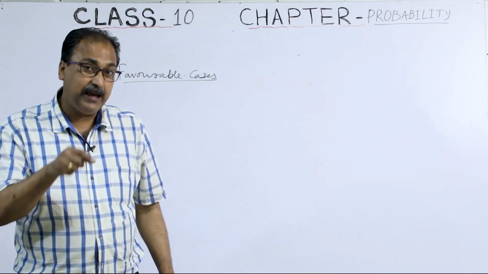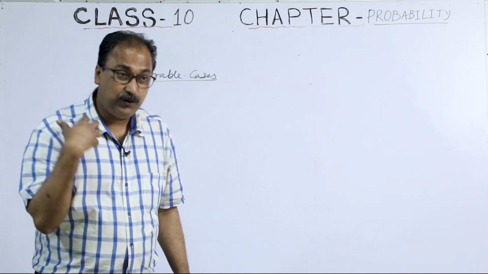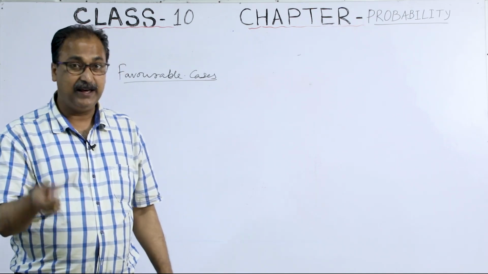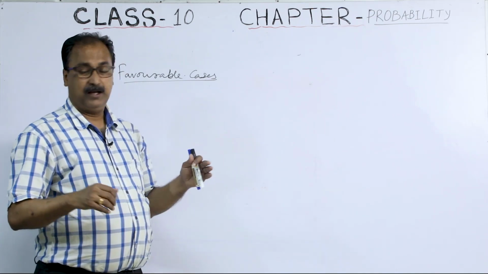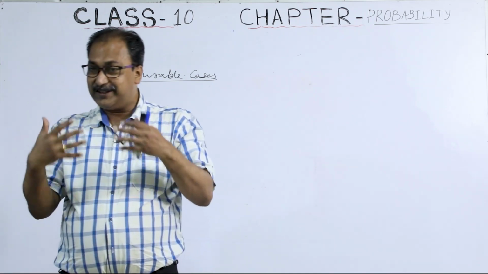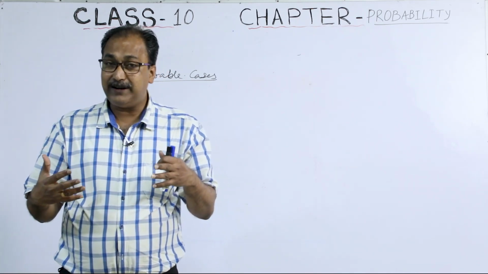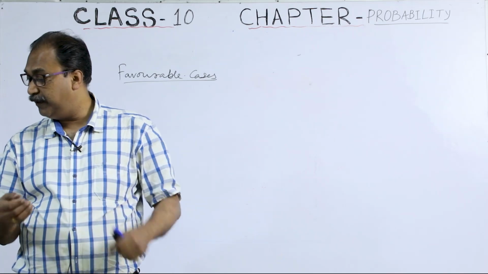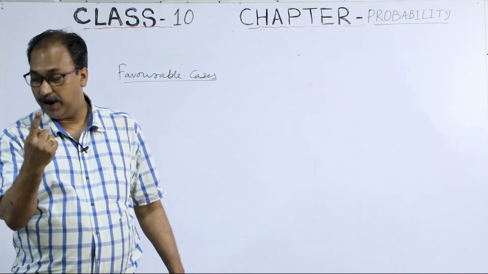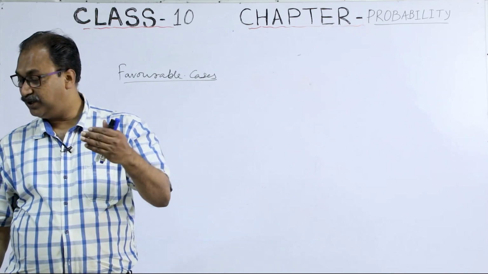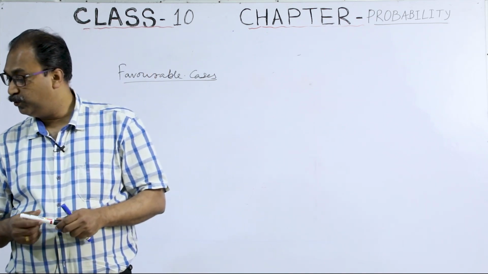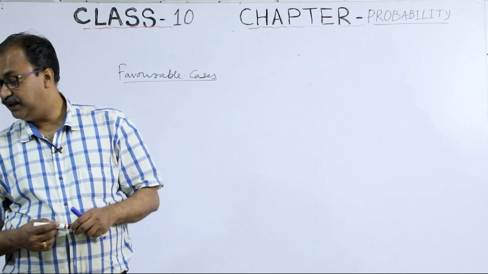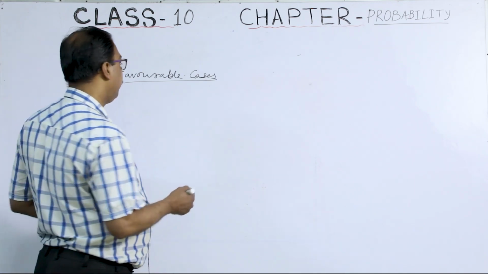Because I am favoring head. What I like, what I focus on, that's called favorable cases. So the favorable case for a head is 1, that is H. And the total number of likely outcomes will be how much? 2, that is H and T. Isn't it?